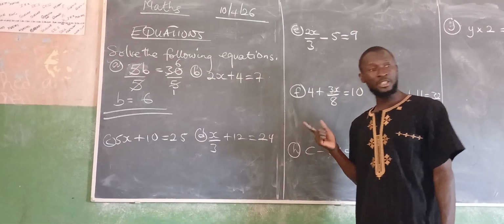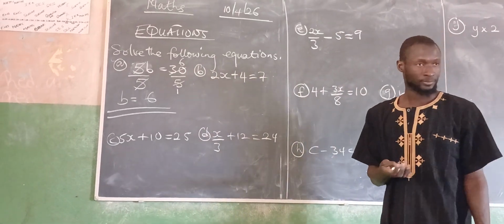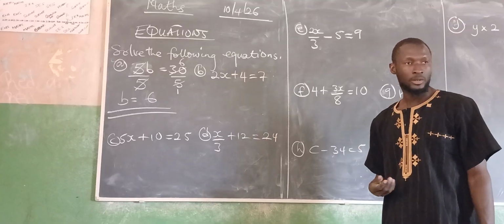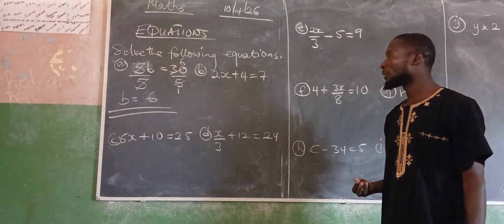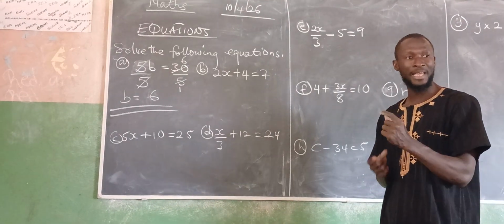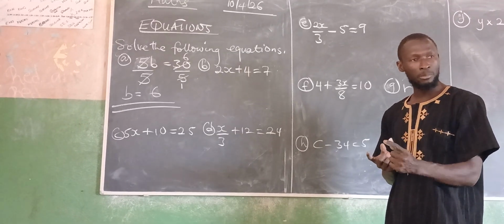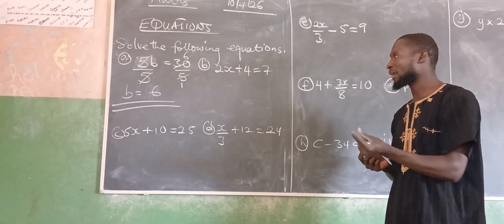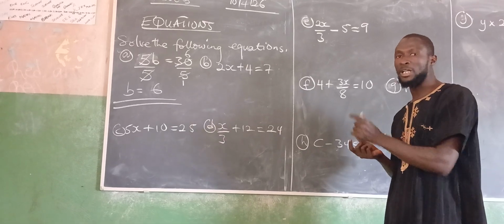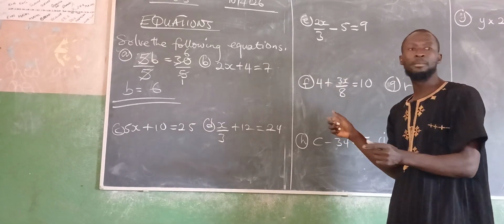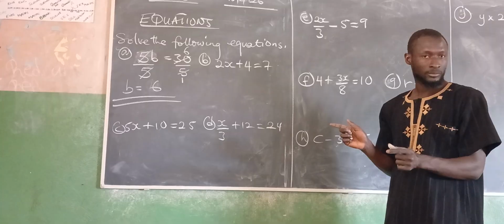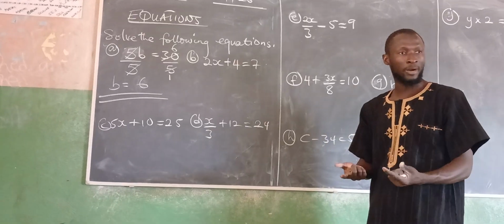To be able to solve this, we are going to collect the like terms. To collect the like terms here, the number that has a letter beside it has to stand alone. The numbers that don't have any letter attached to them have to be moved to the same side. That is what I mean by collecting the like terms.